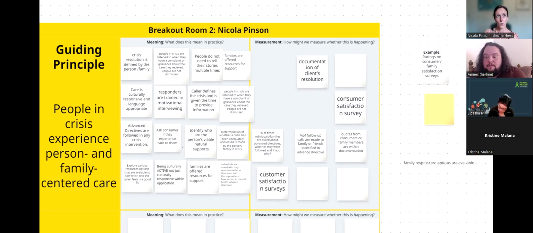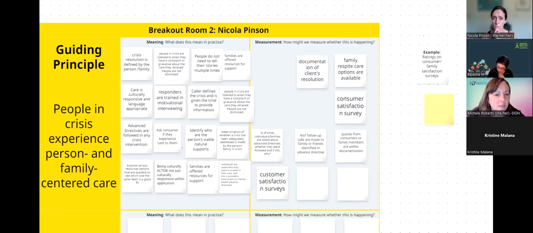All right, thank you all. Any thoughts on what you're seeing on the screen here in terms of what this means in practice and how we might measure it happening? Any ideas that are missing or key themes that you're seeing through the sticky notes and ideas that have been shared?